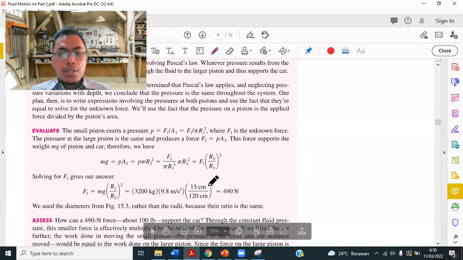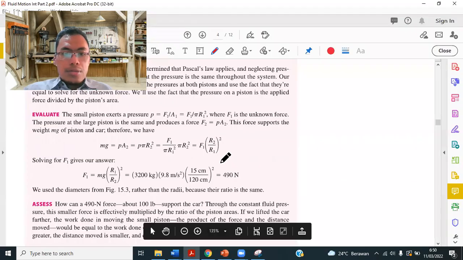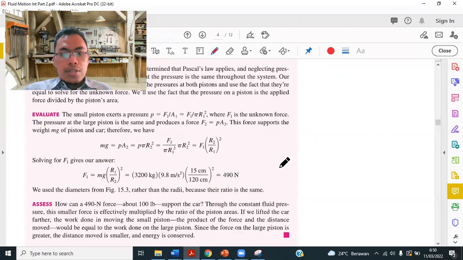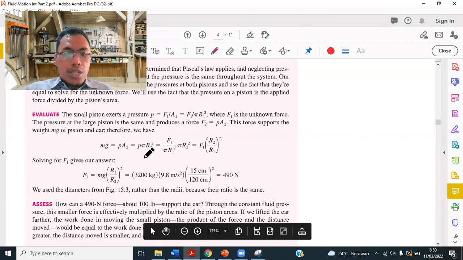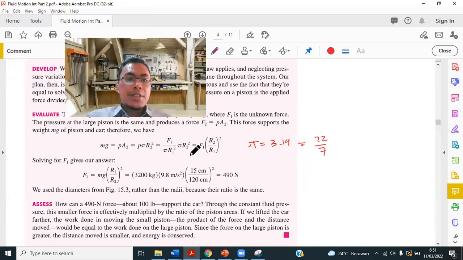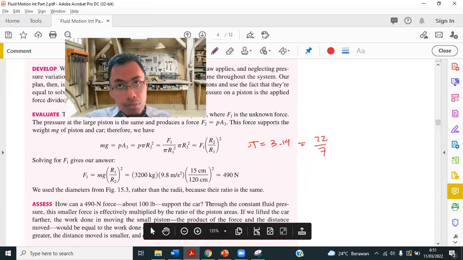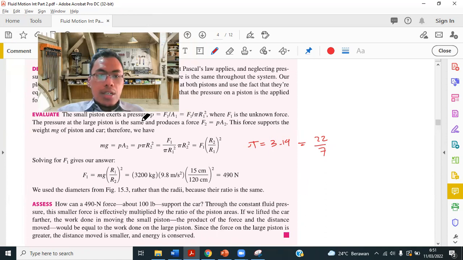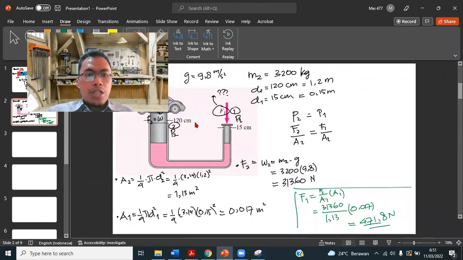So it's really applicable and also helpful in our daily life. I think the value may not be similar to yours because sometimes people use pi as 3.14, or sometimes 22 over 7, but it's okay. Don't panic if you got a different answer, because the way of calculation is different.